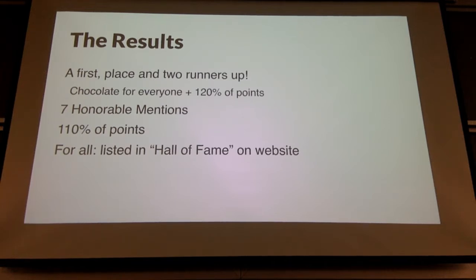And all of those are listed in the Hall of Fame on the website. I should say, a little bit of caution here, this applies to the project. Your individual grade might vary depending on your peer feedback situation. So it doesn't necessarily mean that this is exactly your grade, but usually for 97%, the grades are uniform.